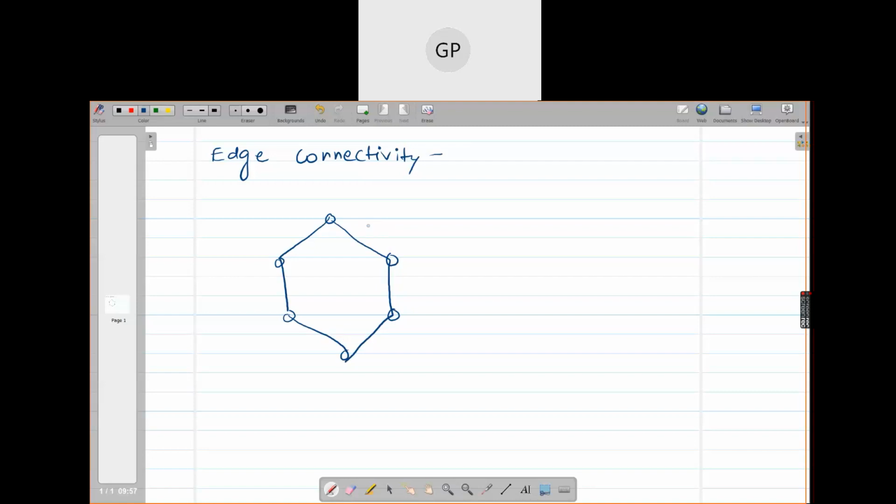No, right? So if you want to obtain a disconnected graph, how many minimum edges will you have to delete? Suppose I give names to these edges. Remember, when you delete the edges, the vertices are not deleted.